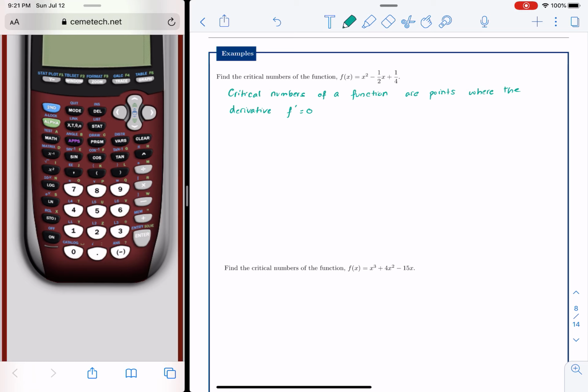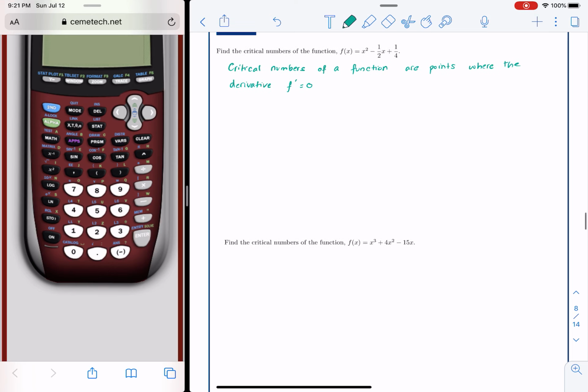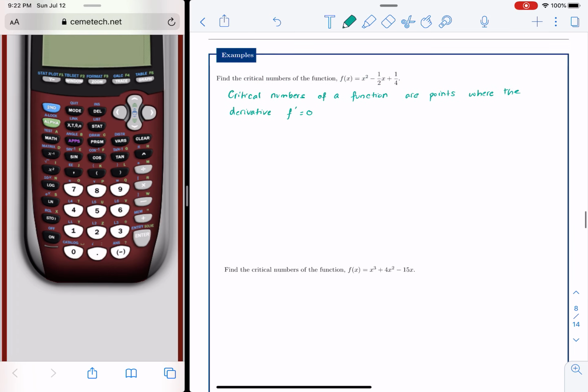Now, oftentimes we do this mathematically and we can verify our answer using a calculator. You would see the relationship between the critical numbers and the extrema when we go to finding the extrema of a function. So the very first step is to find the derivative.